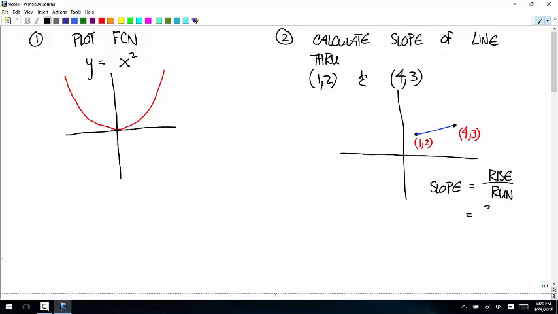You can think of that as 3 minus 2. And then the run is how far you've gone horizontally from the one on the left to the one on the right. It doesn't actually matter which one you call your starting point and which is your ending point. It just matters that you're consistent: you call the same one the starting point for the rise and the run. So your destination horizontally is 4, your starting point is 1, and so you get 1/3.